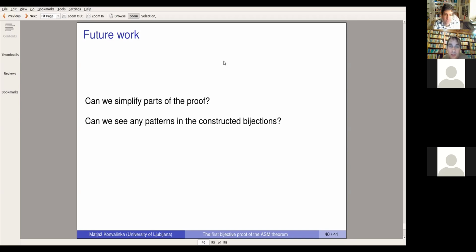Okay, that's also a goal, right? That was one of the reasons why we were doing the coding as well. Can we see any patterns once we have this final bijection? We haven't seen any, but well, again, we plan to keep looking. And we also plan to, at some point, use similar techniques to also find bijections with these other two objects that we know are enumerated by the same formula.